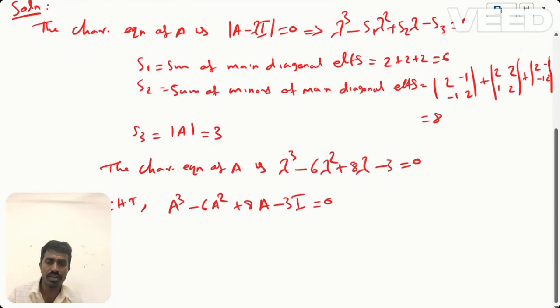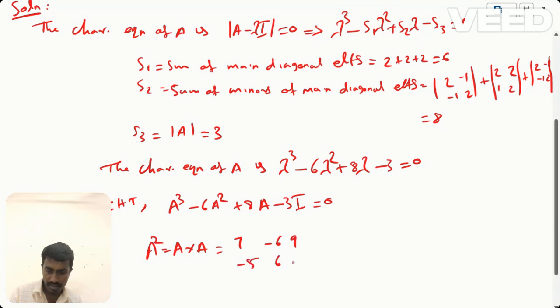Now we are going to verify this. For that, first we need to find A square and A cube, because only A we know. After finding A square, we can substitute. A square is nothing but A into A. So find the product of A with A. Then you get 7 minus 6, 9, minus 5, 6, minus 6, 5, minus 5, 7.